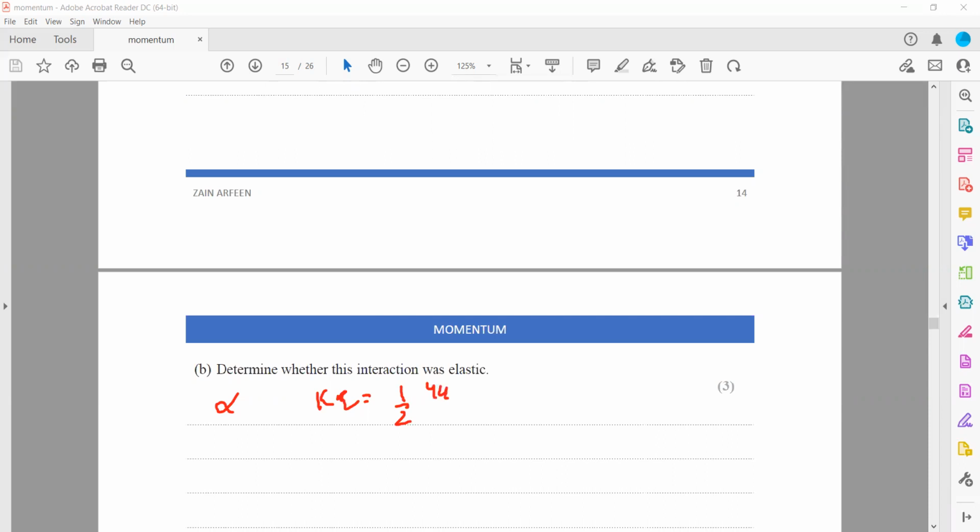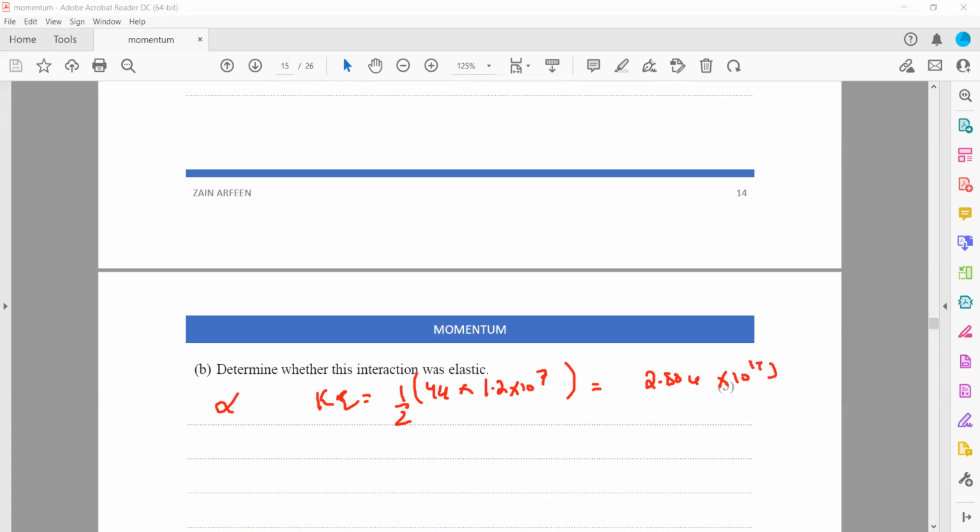So we put 4 atomic mass units into the speed at which the alpha particle was moving, 1.2 into 10 power 7. We are not converting atomic mass units into kilograms, so it gives us 2.88 into 10 power 14 joules.